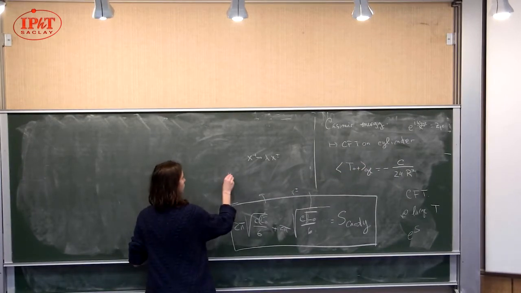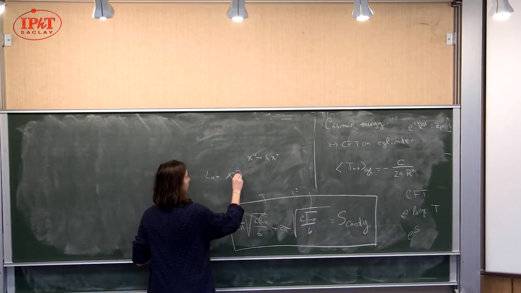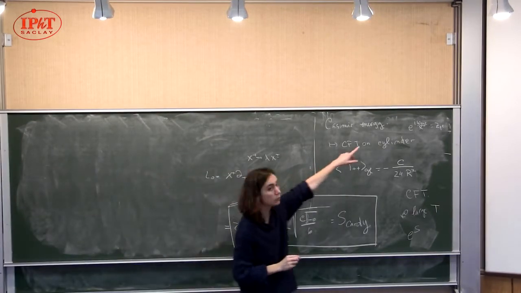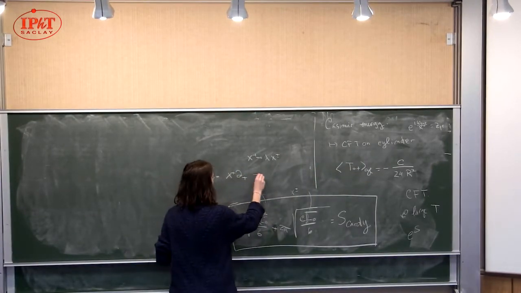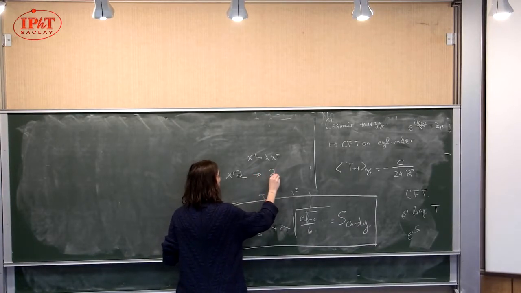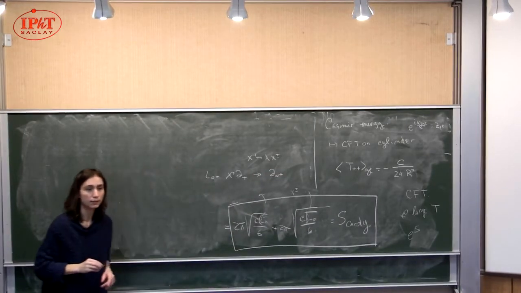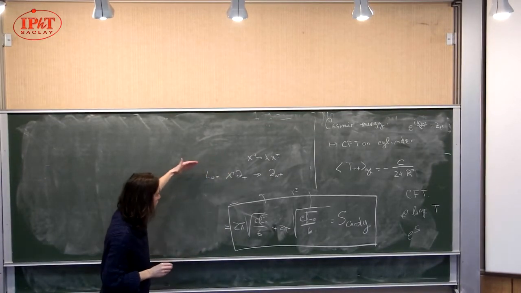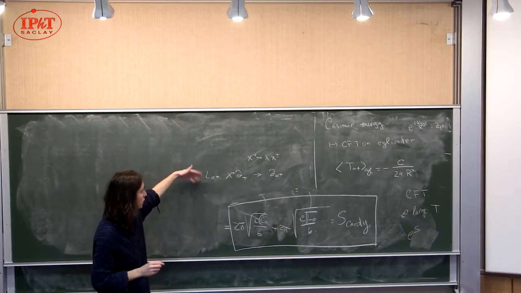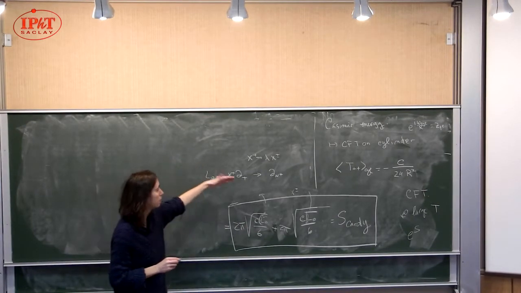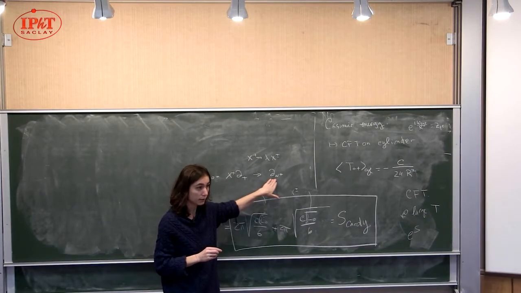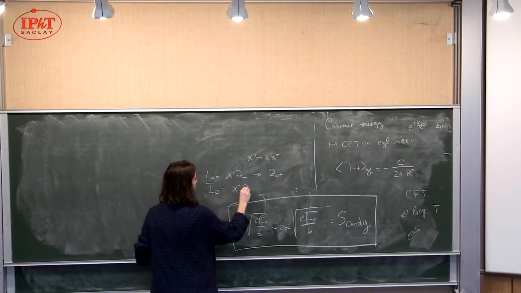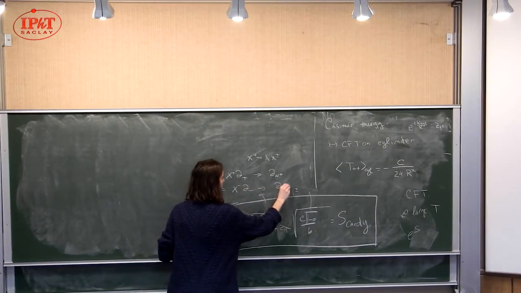If my L naught was x plus d plus, in terms of the coordinate w on the cylinder, it's going to correspond to d w plus. So the dilatation, L naught plus L naught bar on the plane, becomes the translation operator on the cylinder. The same for L naught bar, which was x minus d minus, becomes d w minus.